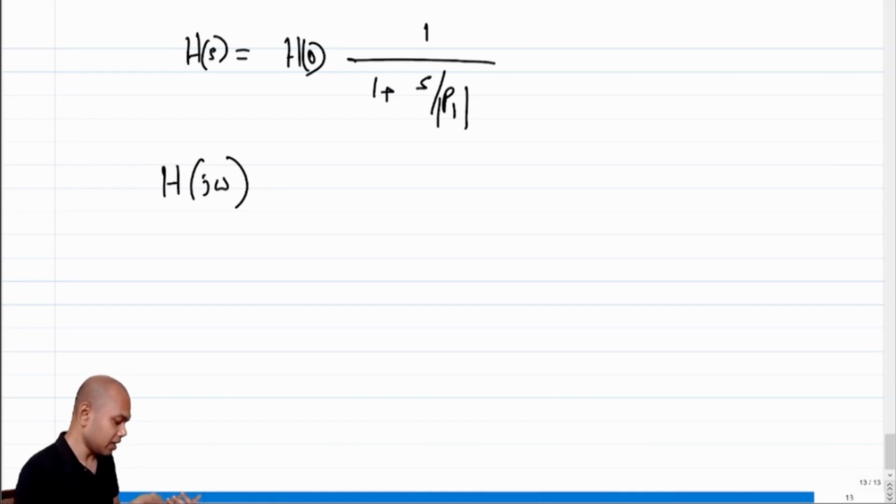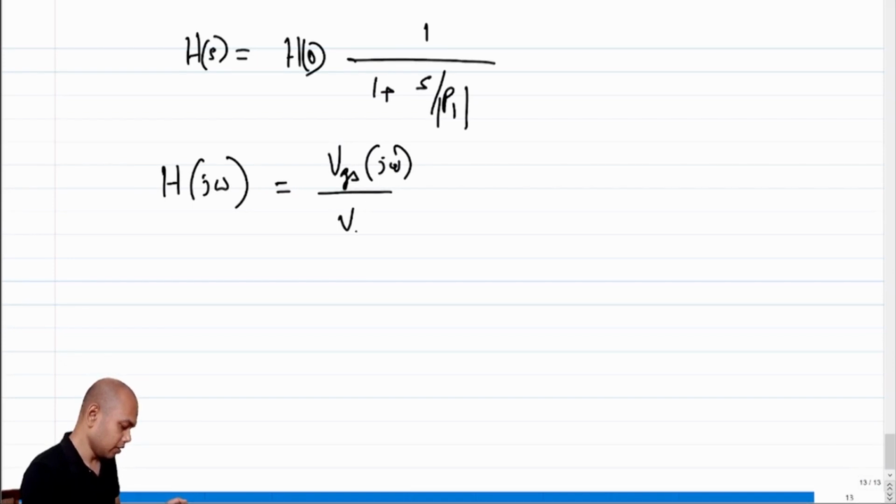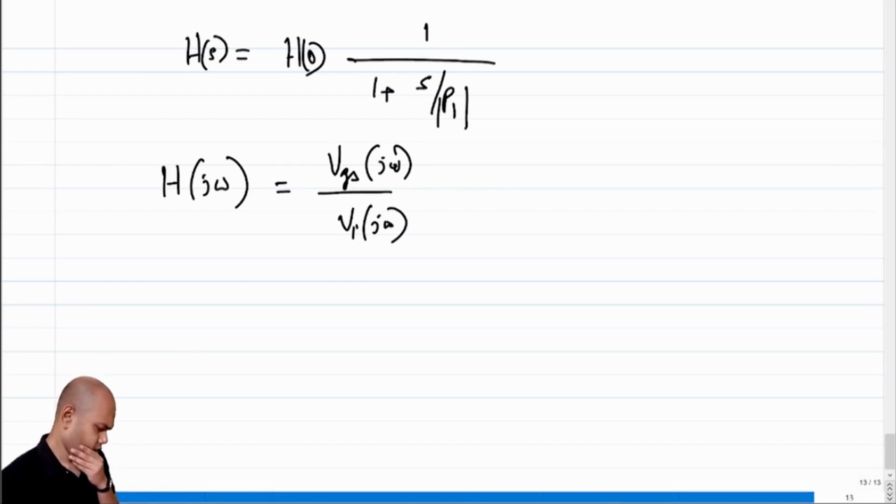So what does H(j omega) mean? H(j omega) means V0(j omega) by Vi(j omega), or rather VGS(j omega) by Vi(j omega) in this case. So what does this mean in English?